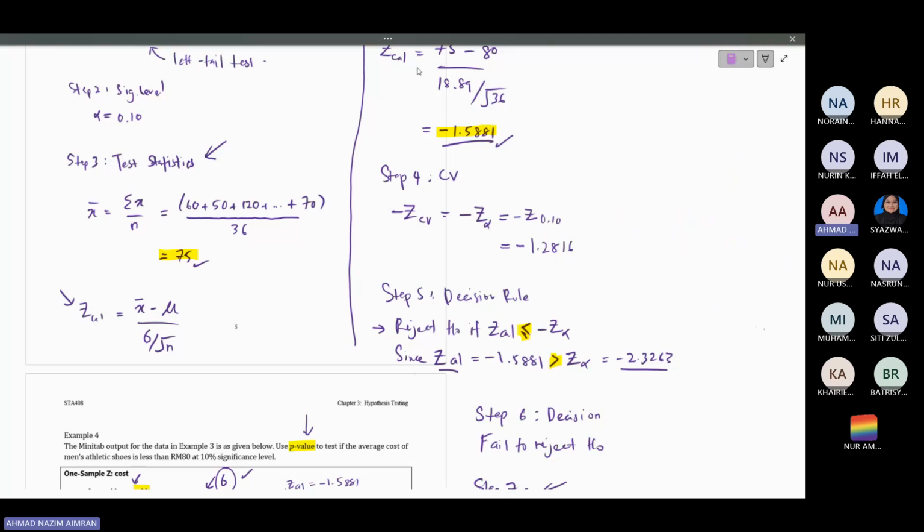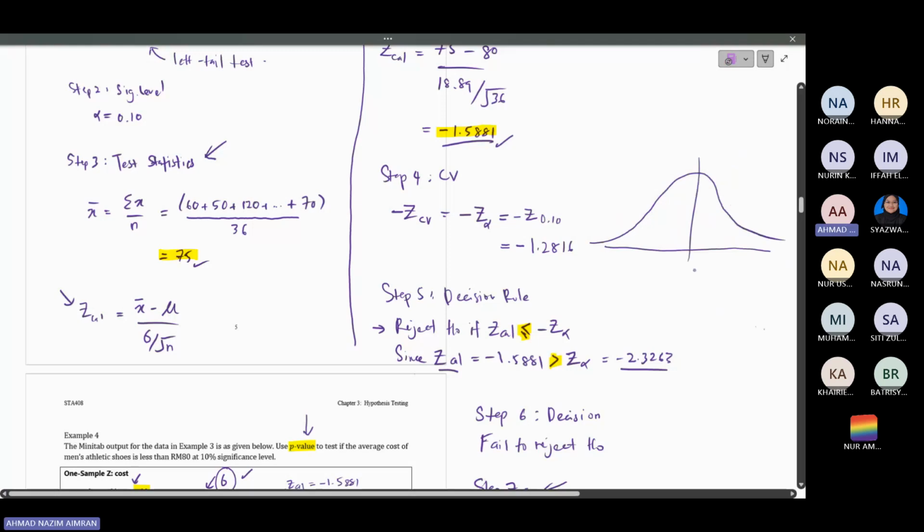Here, let's draw this again. Okay. So this is your negative Z critical value, which is equal to negative 1.2816, and your Z calculated is negative 1.5881.